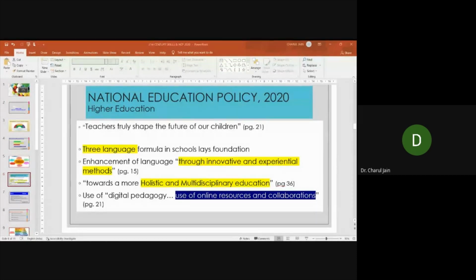One of the major aspects is how psychology has impacted ego and superego, how they are impacting human nature, human behavior, right? So knowledge is highly holistic and multidisciplinary, and the National Education Policy focuses on movement away from strict compartmentalization towards more holistic and multidisciplinary education.